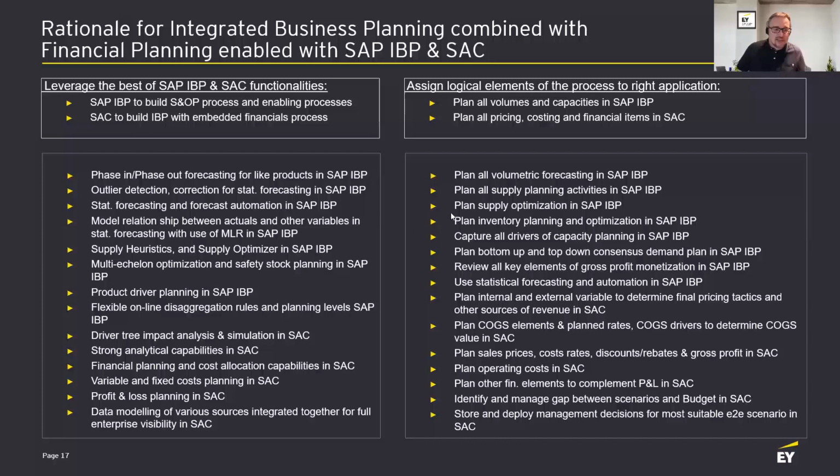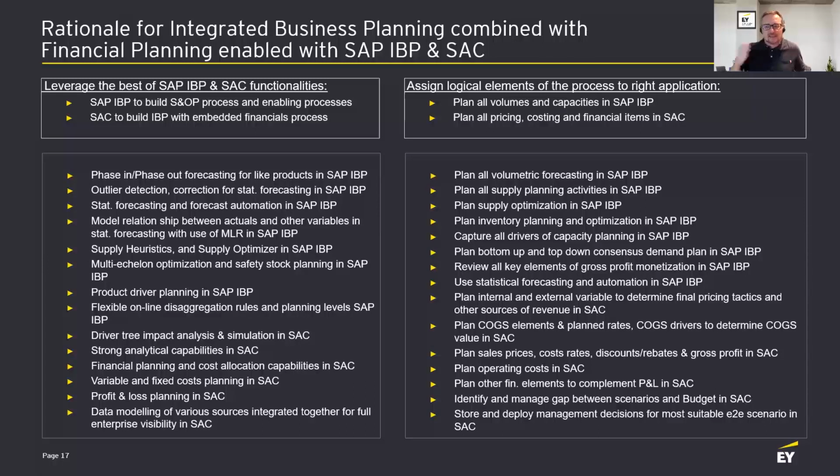As we highlight here on the left-hand side, taking the supply planning engine and the demand planning engine, which is very strong in SAP IBP, and complementing this with the planning of your financials with the very impressive driver-based planning through the value driver tree planning in SAC, planning your variable and fixed cost there as well, on a detailed and an aggregated level, and finally planning your P&L there. So this is taking the best of the solutions when designing the process architecture and the technical architecture.